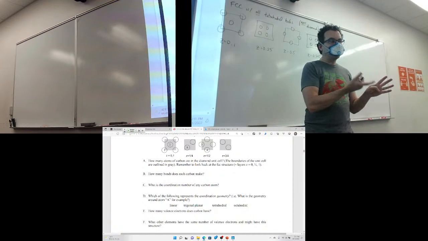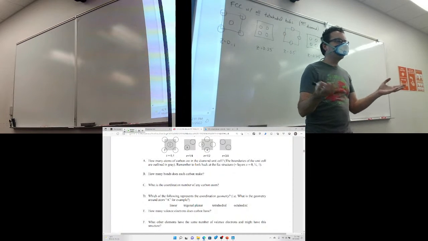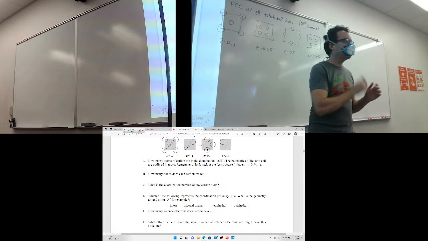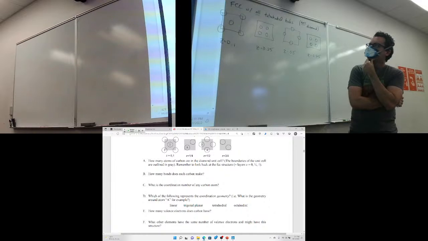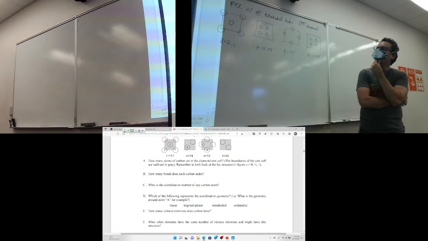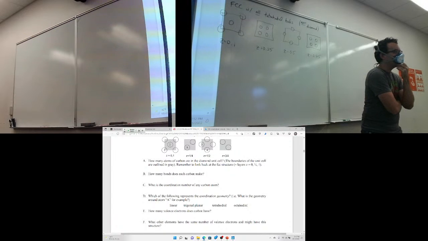You could have a smaller coordination number if you did double bonds and stuff, but that's not the case here. Okay? I was thrown off because it says look back at the FCC structure, and so I thought it was only supposed to count the 0, half, and 1. I think what they're trying to make sure you do is not count the FCC atoms as whole atoms.